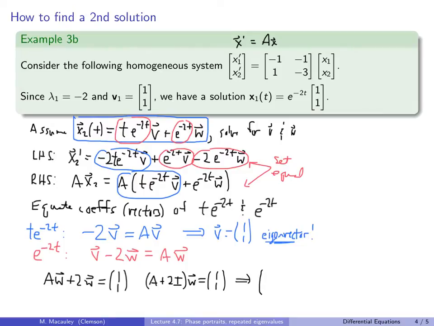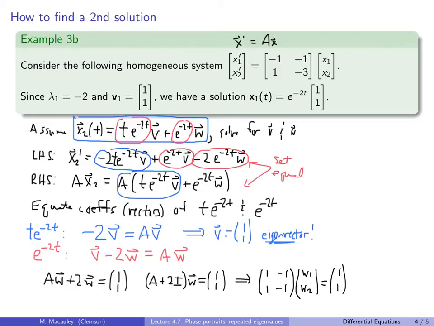So let's add 2 to this entry and add 2 to that entry. And we get [1, -1; 1, -1] times w, let's call that (w1, w2), equals (1, 1). So now, what does this tell us? This is a system.